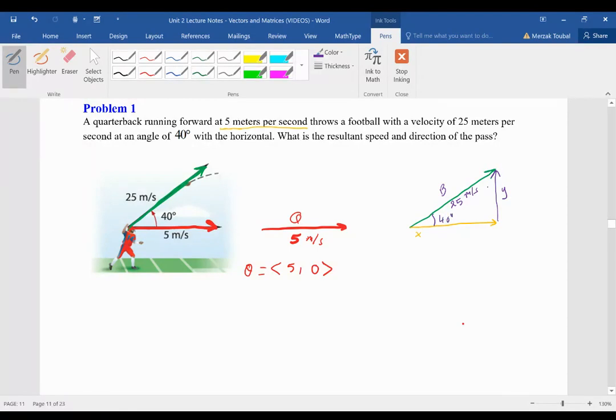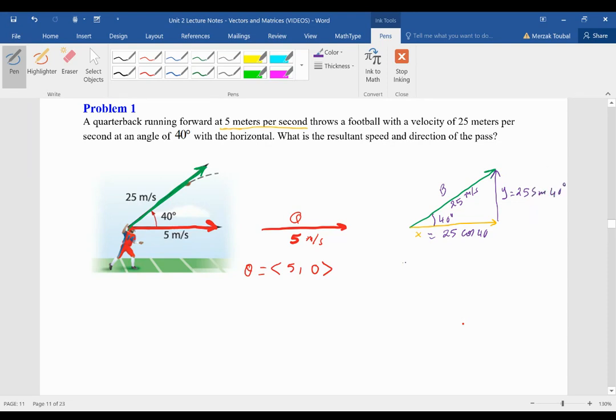So we can determine that x equals 25, the magnitude, multiplied by cosine 40. This is the formula that we need to get used to. And then the vertical component would be 25 times sine of 40 degrees.